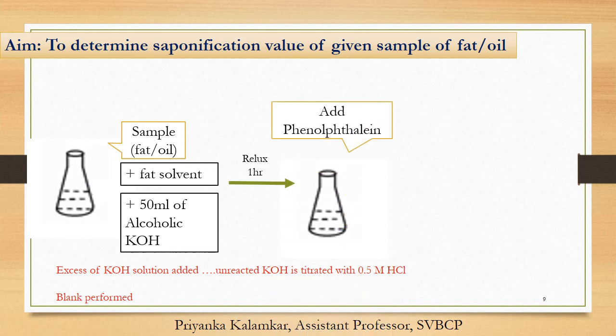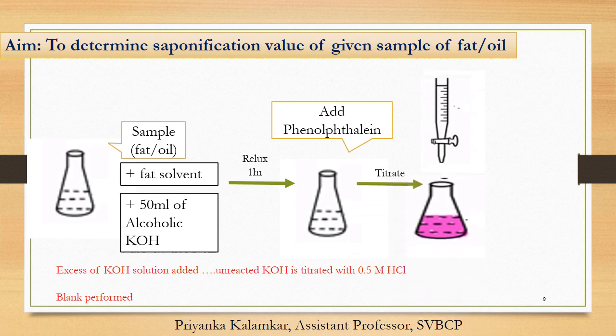Now I will add phenolphthalein to it. When I add phenolphthalein to the basic solution, it gives a pink color. So your conical flask will turn from colorless to pink when you add phenolphthalein. Now you are going to titrate it with 0.5 molar HCl.